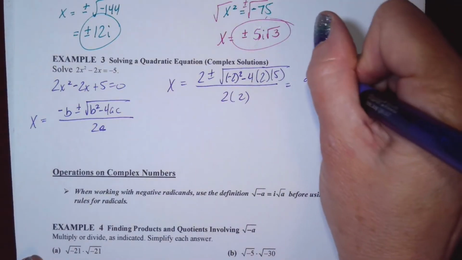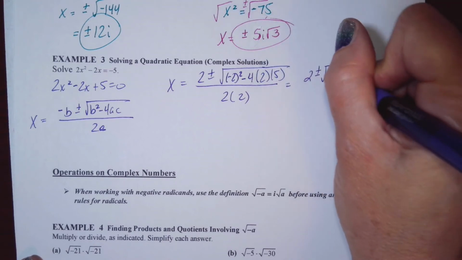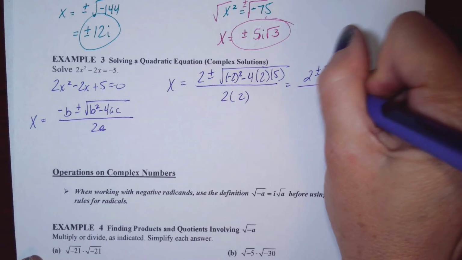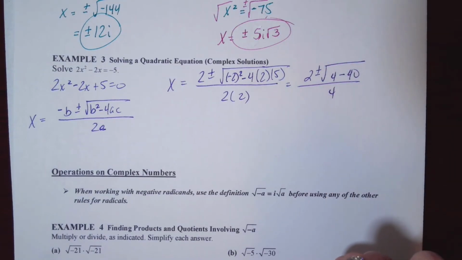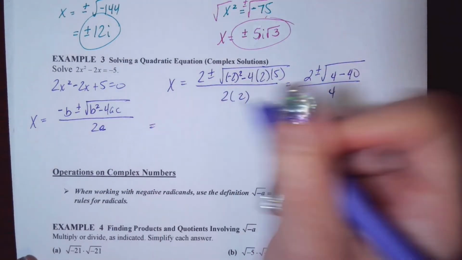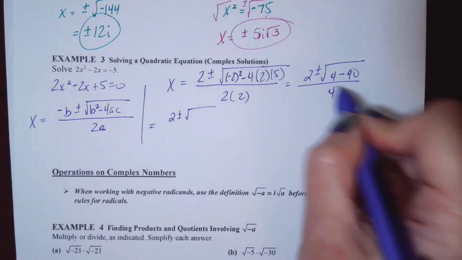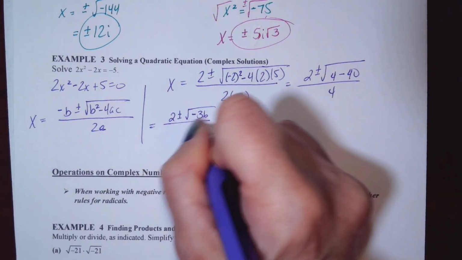So I have 2 plus or minus the square root of 4 minus, well, this is 10 times 4 is 40, over 4. Next step, 2 plus or minus the square root of -36 over 4.